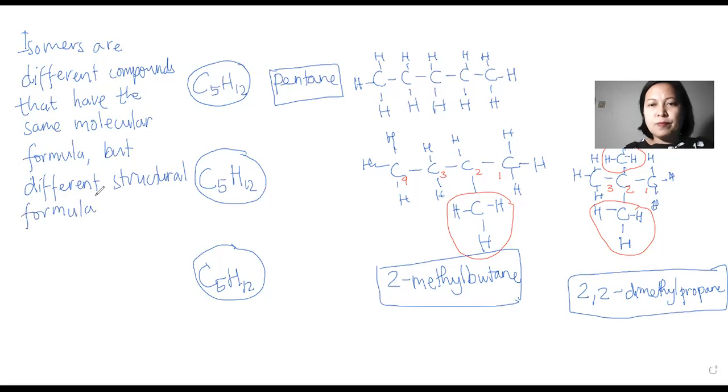So these are all different in their structures, but they are all the same in their molecular formula.